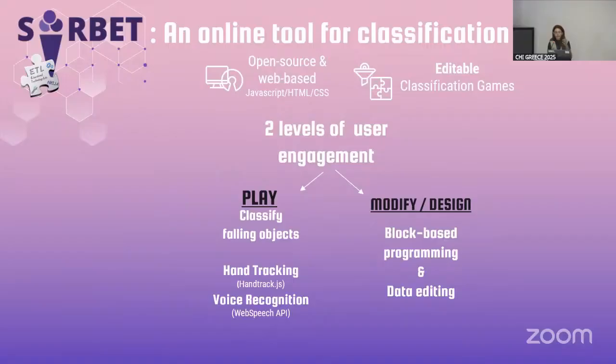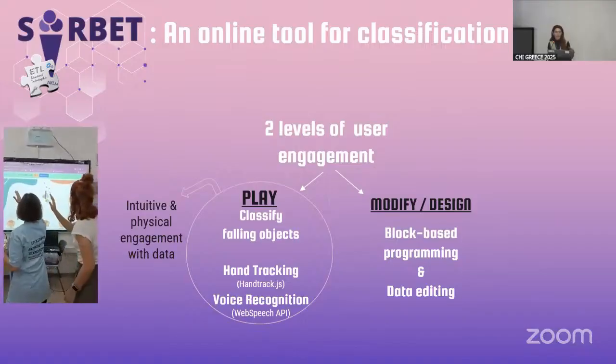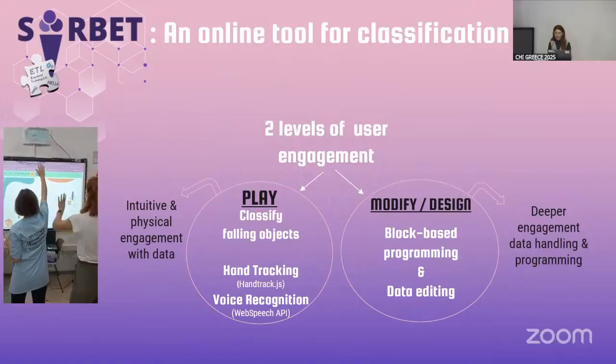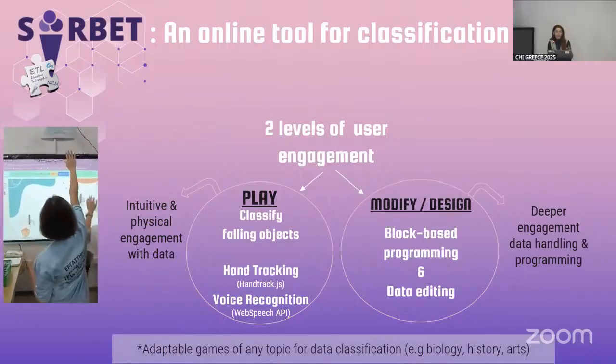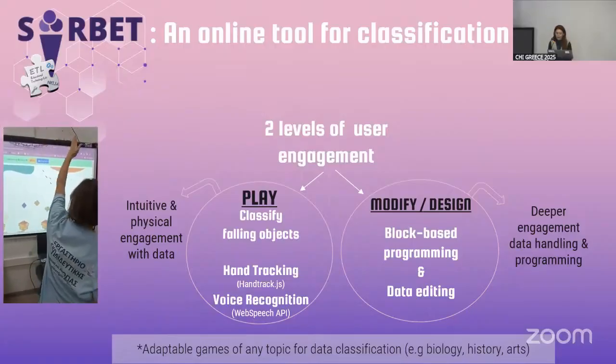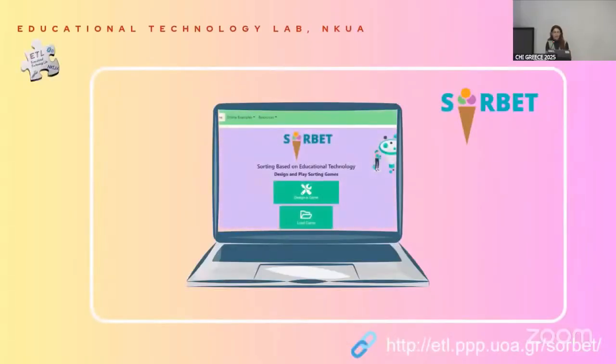And in the modify and design phase, we have integrated block-based programming and data editing parameters. So we have a more intuitive and physical engagement at the first level, and then a deeper engagement with the data handling. It's really open to any domain, so you're welcome to come up with any ideas and share with us.